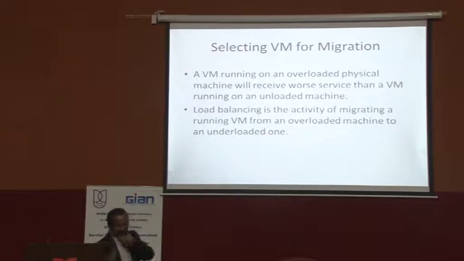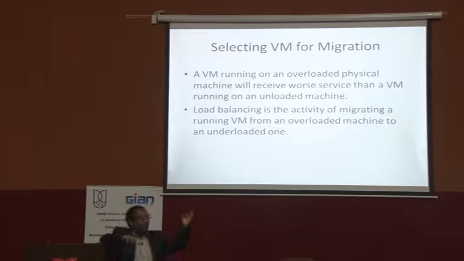Similarly, an underloaded machine will consume a lot of energy and sit idle, doing less work. So we need to balance the load by moving some virtual machines from one to another, since some systems are overloaded and some are underloaded.